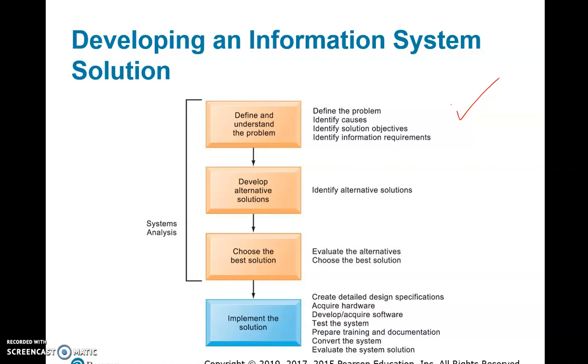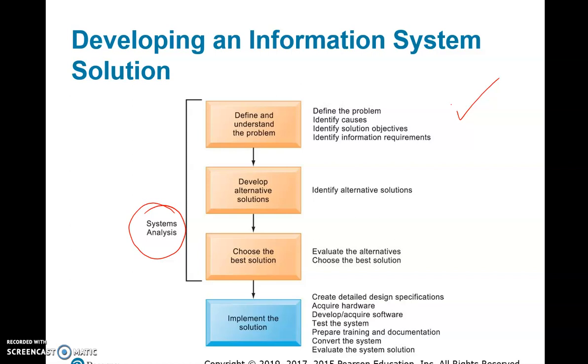So, to do this, information systems professionals go through what is called systems analysis. Systems analysis basically includes one, defining the problem, two, understanding the problem, three, developing alternate solutions, and four, choosing the best solution from these alternate solutions, and then five, to implement the solution.